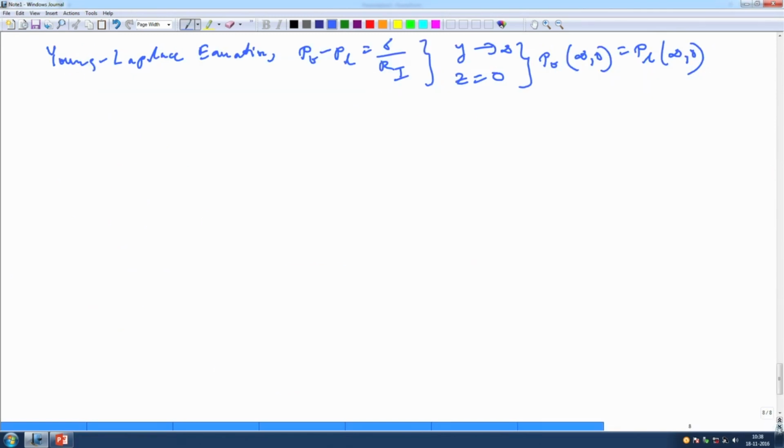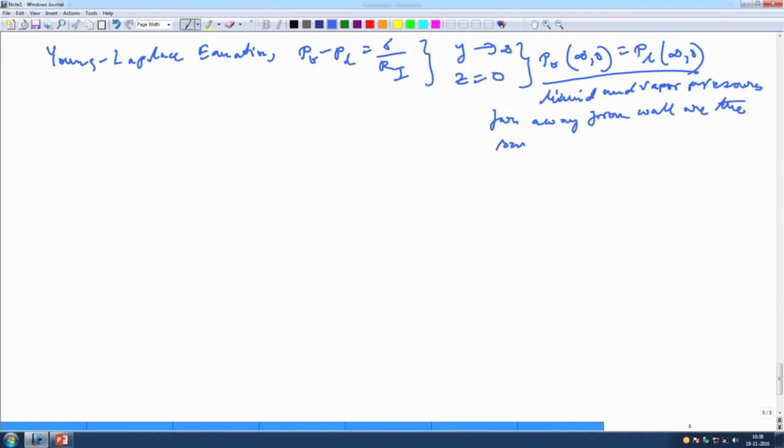That is why we have written this. So, liquid and vapor pressures far away from the wall are the same.